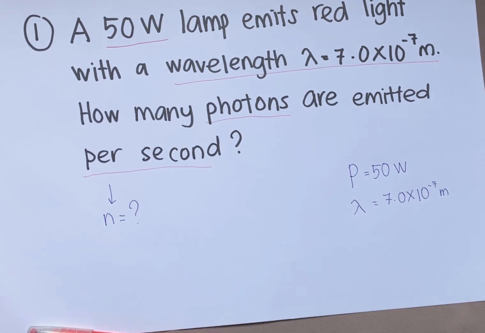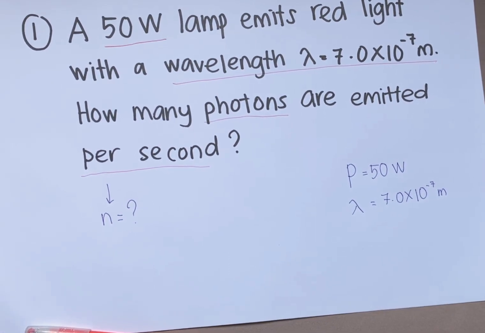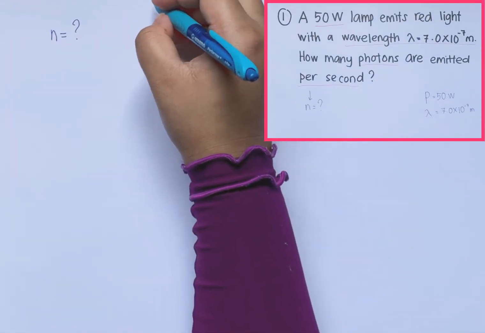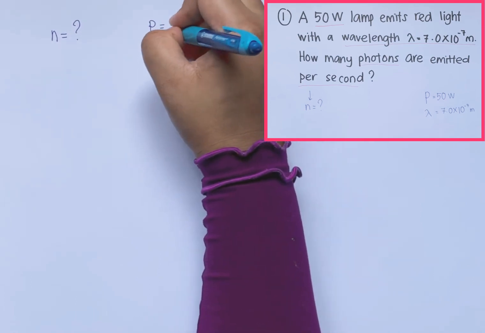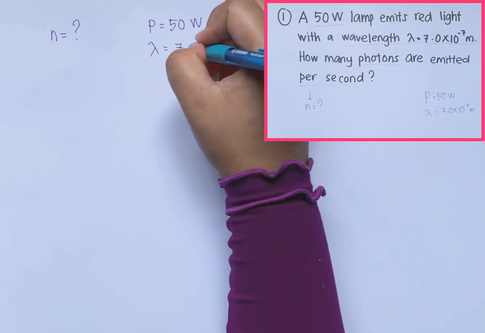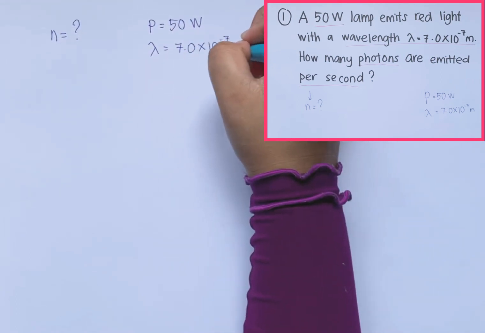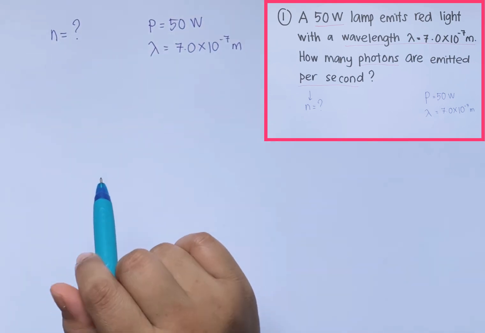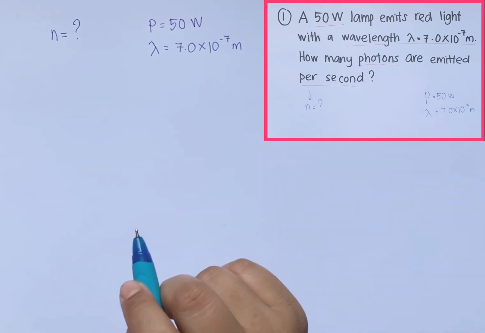From the power equation from the previous lesson, we can solve it together. Again, we want N is equal to what? We have P is equal to 50 watt, and lambda, the wavelength, is 7.0 times 10 to the power of -7 meter. The third thing we have to know is the equation. Do you still remember the equation of power?